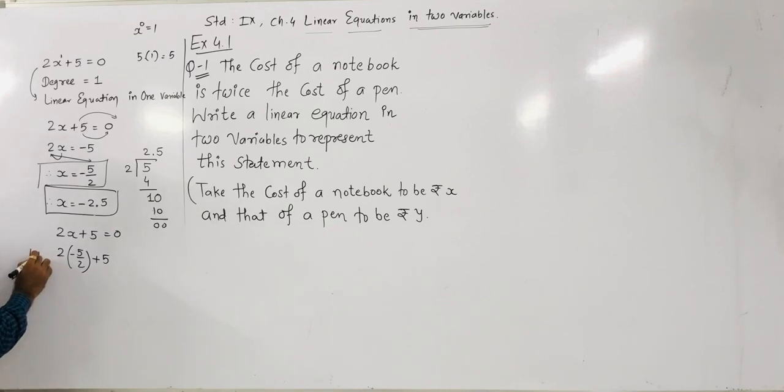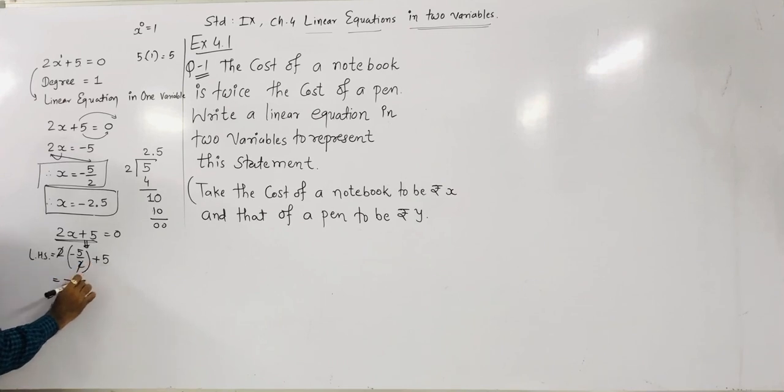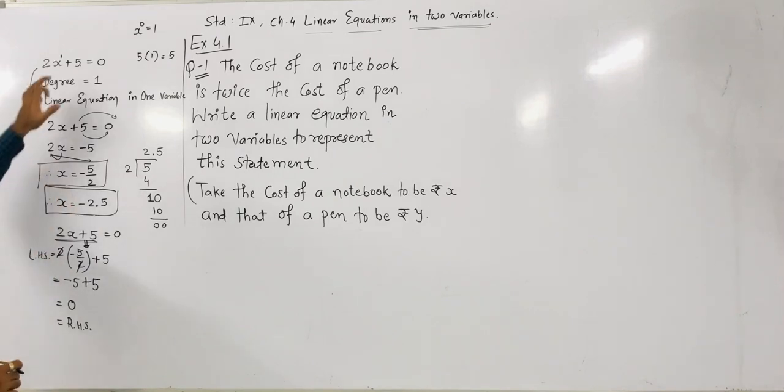I take the left hand side of the equation. Now I put the x value there, then this 2 cancels out, 2 cancels out, then what do we get? Minus 5 plus 5 is equal to 0. This is our right hand side of the equation. So therefore we can say it is satisfied, or you can say this is the solution of the given linear equation, right?